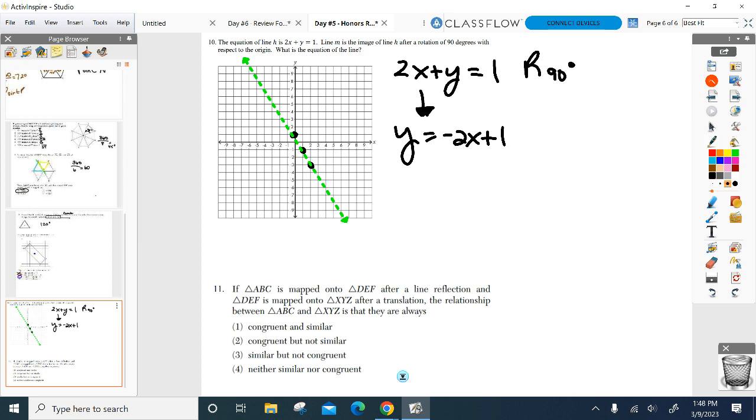I don't think I'd ask you to rotate 180 because I think we'd be on the same line, right? The points would just be opposite each other. That would be the same line. 90.